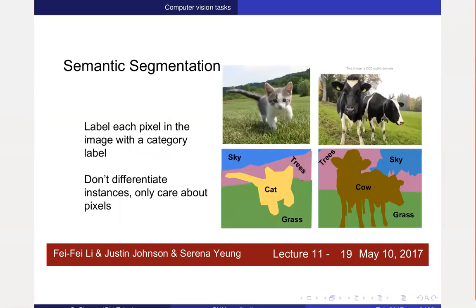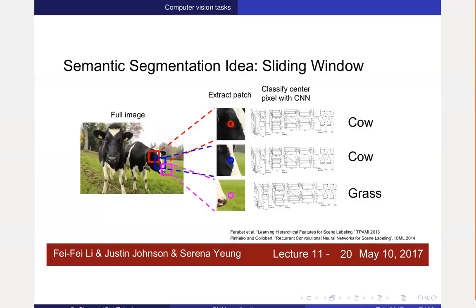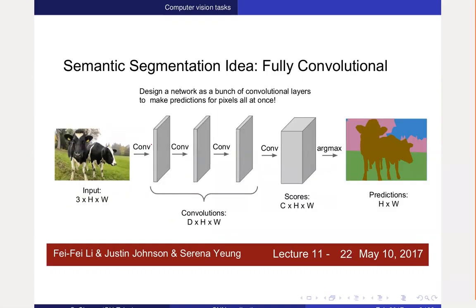For semantic segmentation, if you think of using CNN, you can think of classifying each patch, determining the value of the patch. We can have multiple layers of CNN, and ultimately have an output for each pixel.